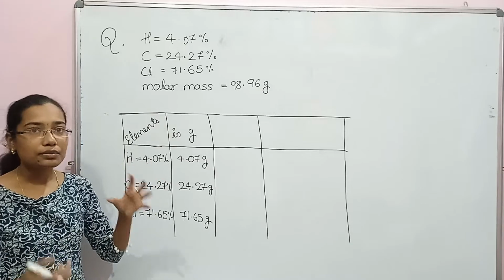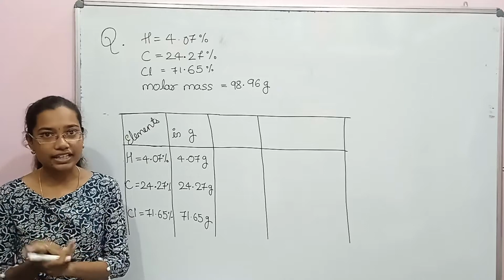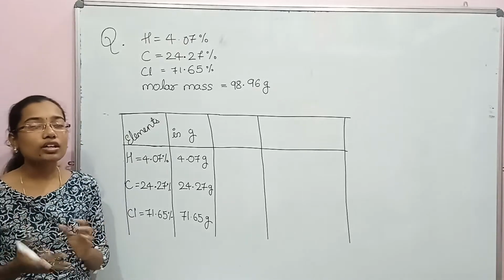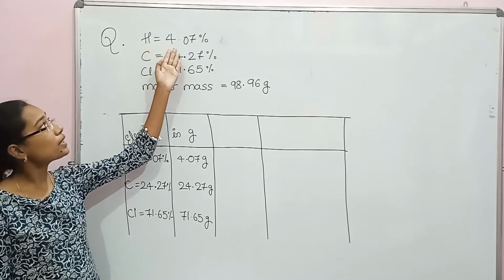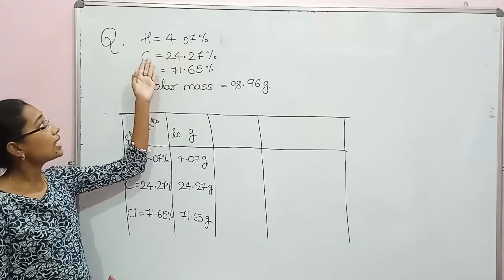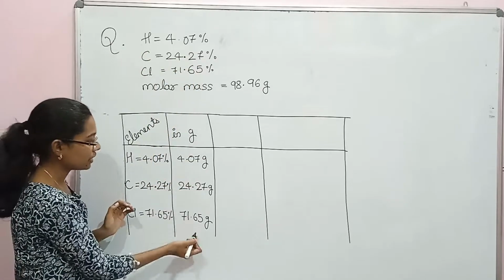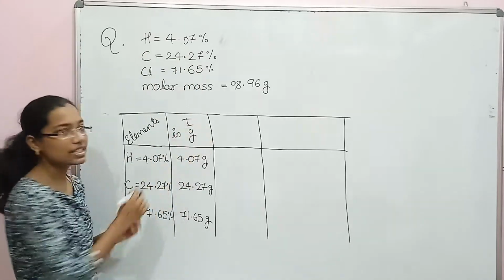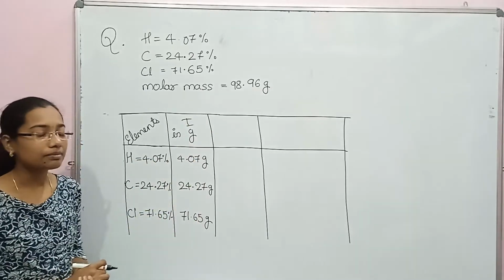But for the first step, we take it as 100 grams. Then hydrogen becomes 4.07 gram and carbon becomes 24.27 gram, like what I have written here. First we have to take them in grams.